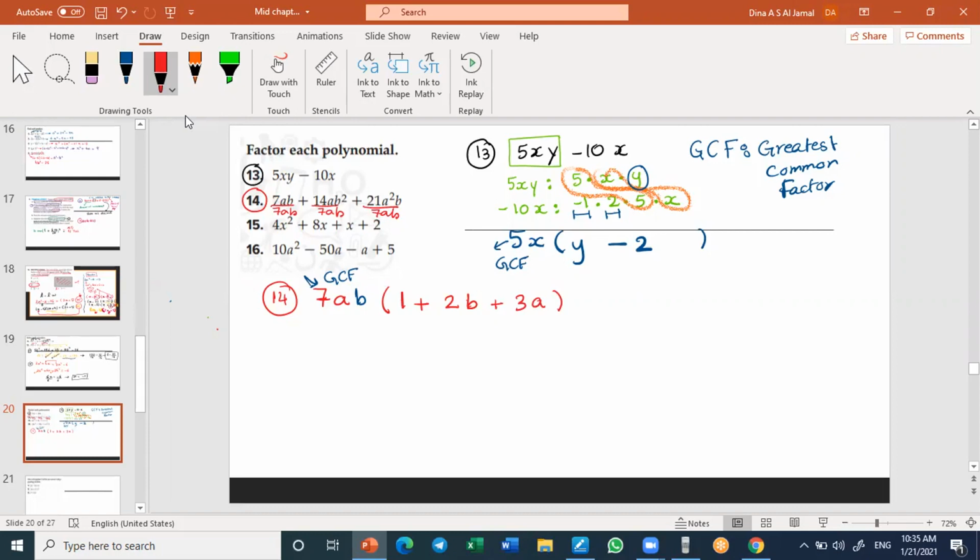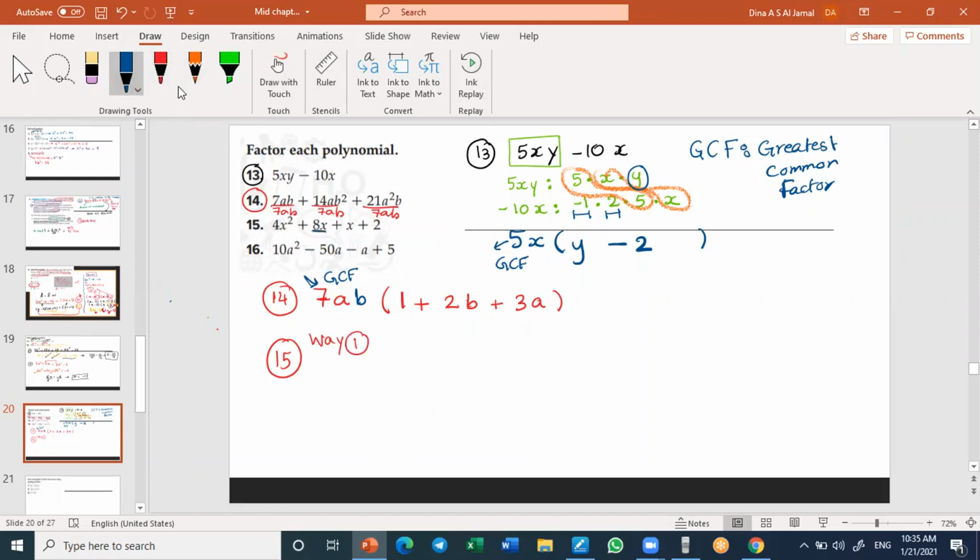Now let's go to question 15. In question 15, I will be solving it for you in two ways, so pay attention to both ways. Way 1. In way 1, I have 4 terms and a quadratic expression.